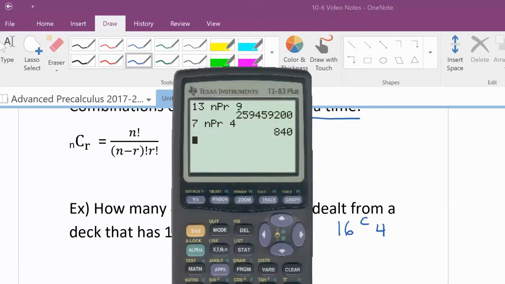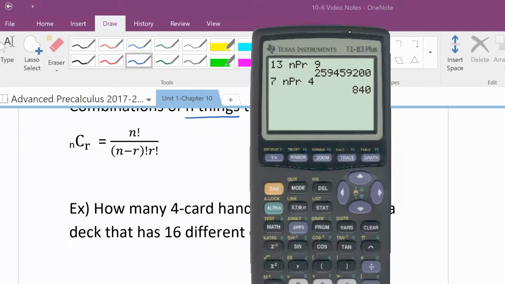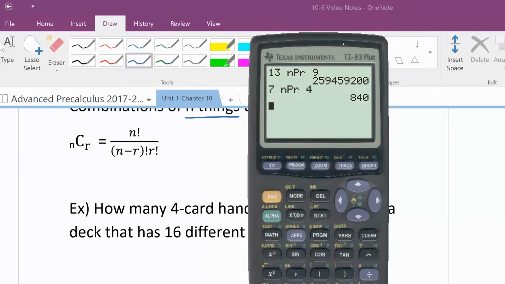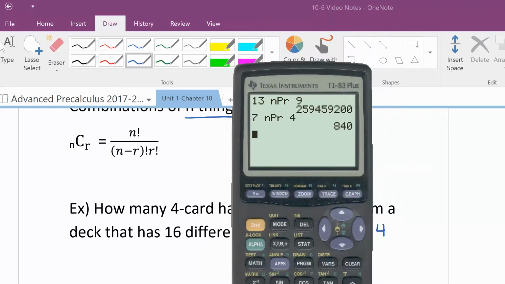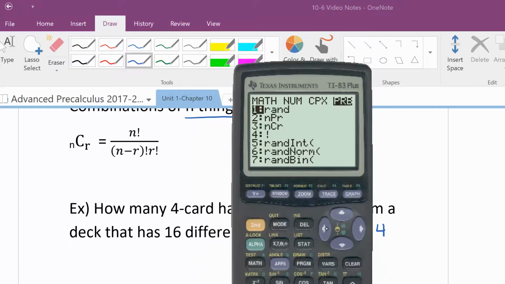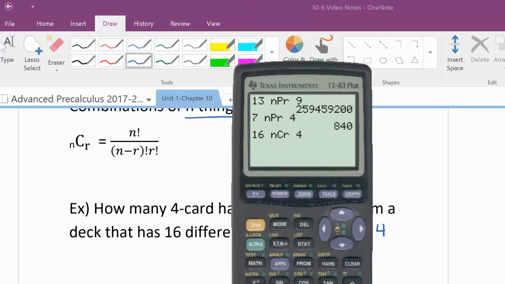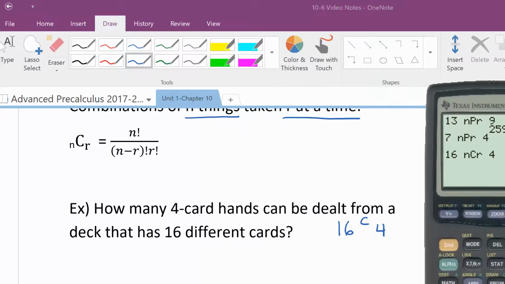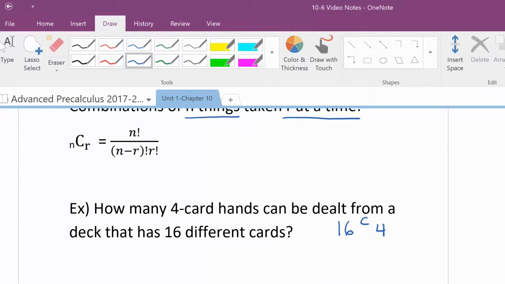So when you do combinations, you type in 16 first, and now you hit math, and then you go to probability, and then notice number 3 is nCr, which stands for combination, and then you go 4. And you get 1,820. There are 1,820 different combinations.